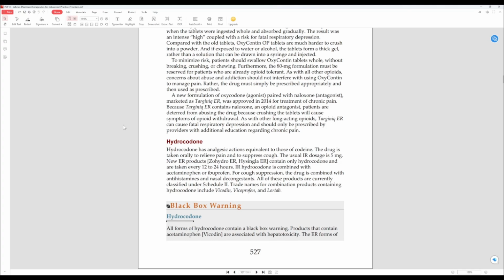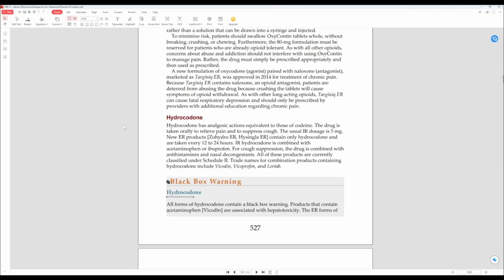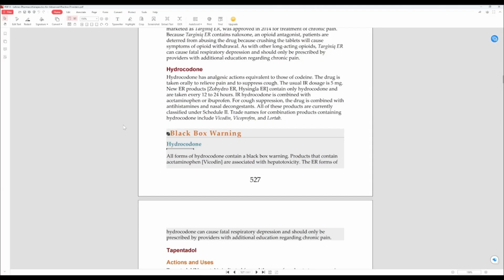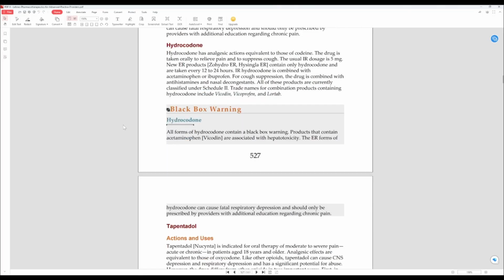As with other long-acting opioids, the medicine can cause fatal respiratory depression, and again should only be prescribed by a provider with additional education regarding chronic pain. Leading us to hydrocodone. Hydrocodone has analgesic actions equivalent to those of codeine.